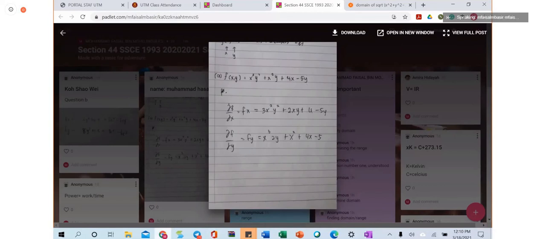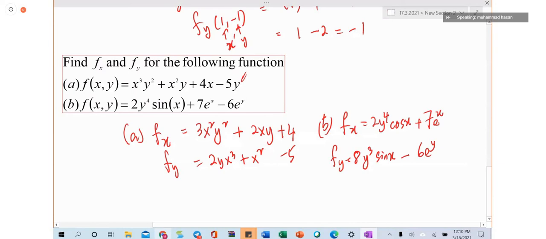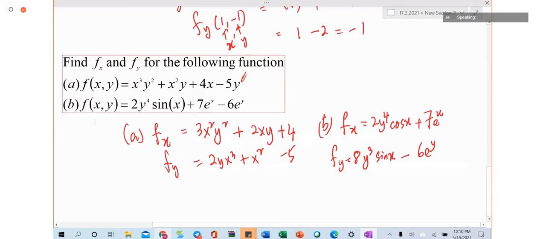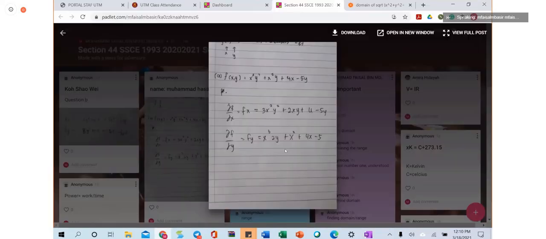Okay, for B, we check for B. Sorry, for second one, fy will be 2yx cubed, okay, correct? Plus x cubed, okay, again, you have to remove the 4x. Yeah, 4x not here, 5y. Okay, thank you, Doctor.